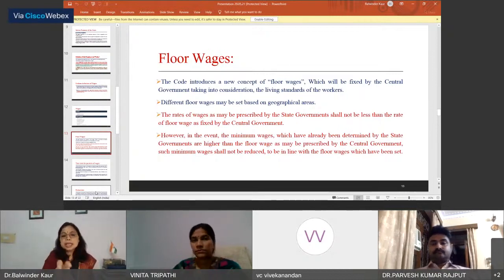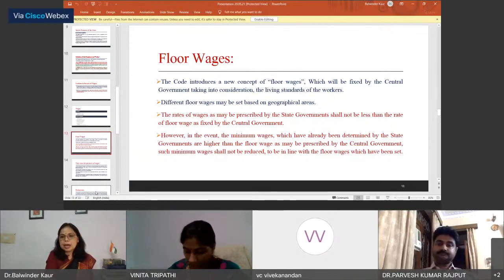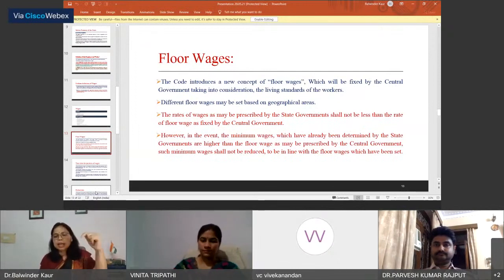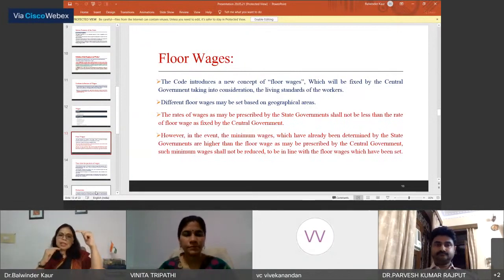It will be set based on geographical areas, so maybe the floor wage would be different for different states. The rates of wages prescribed by the state government shall not be less than the floor wage. So if the central government is fixing 178 rupees as a floor wage, and the state of Chhattisgarh is fixing the minimum wage, this minimum wage should be higher than the floor wage.